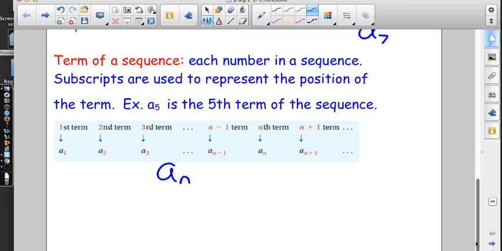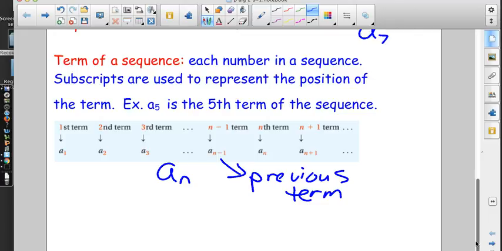Because if this is 5, 5 minus 1 would give us the 4th term. So in our heads, we need to call this the previous term. And once we get the notation down, when we read that, we won't even read a sub n minus 1 anymore. We'll read it off as, oh, the previous term is.